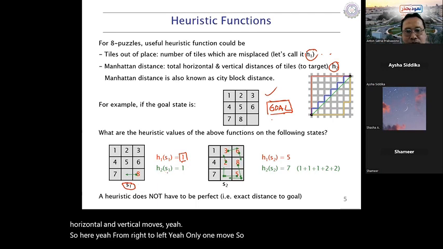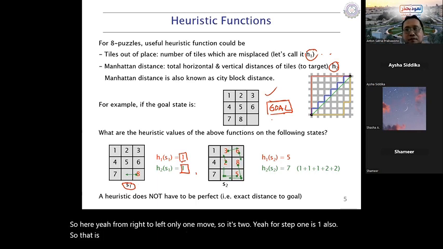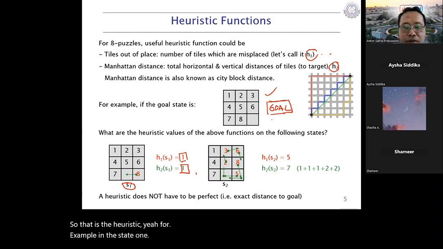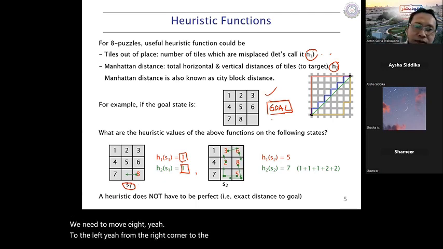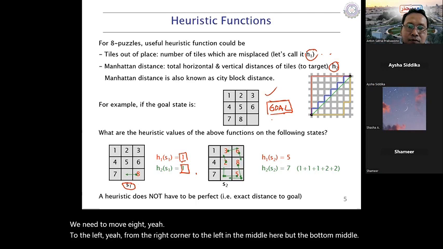So H2 for step 1 is also 1. So in step 1, the number of tiles out of place is 1, and the number of moves to match the goal is also 1: move 8 to the left, from the right corner to the bottom middle.